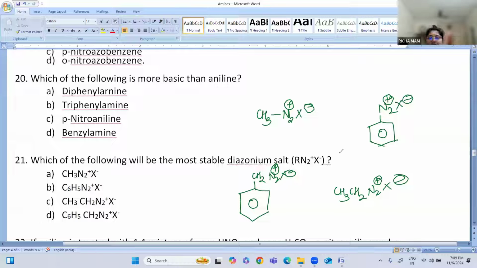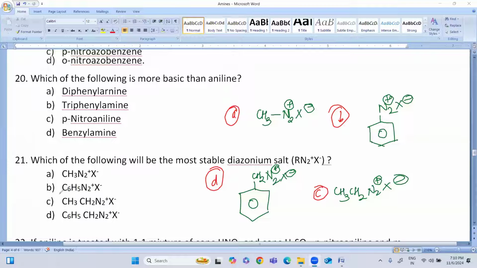So which of the following is the most stable? Option number A, B, C, and D. Which is the most stable diazonium salt? Option number B. Yes, very good.